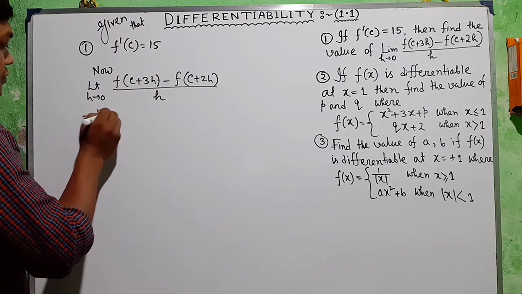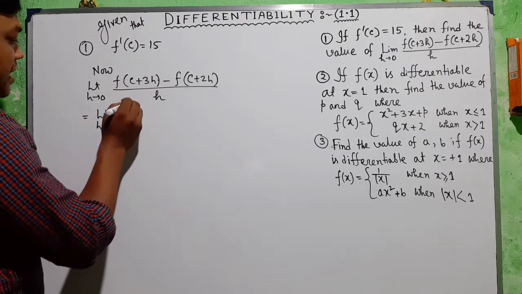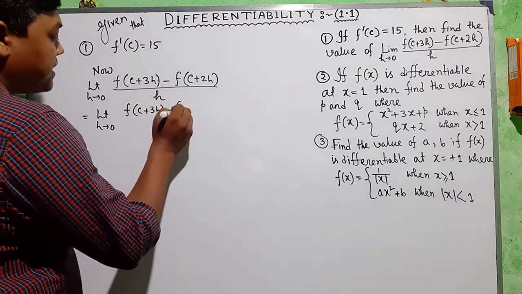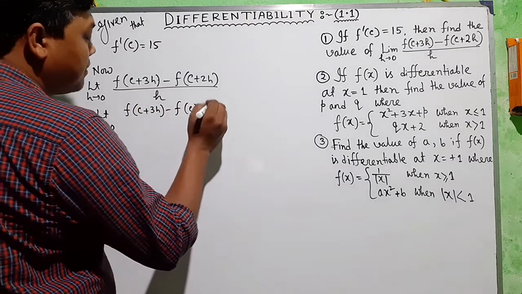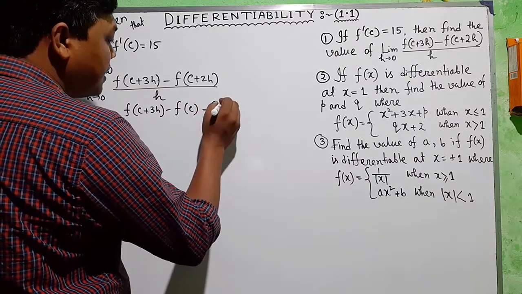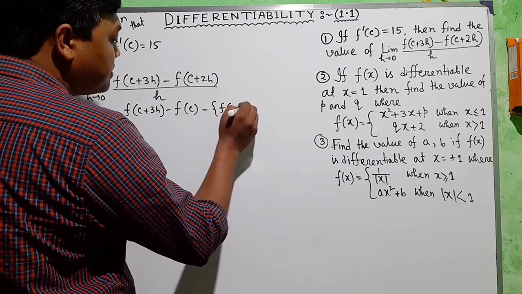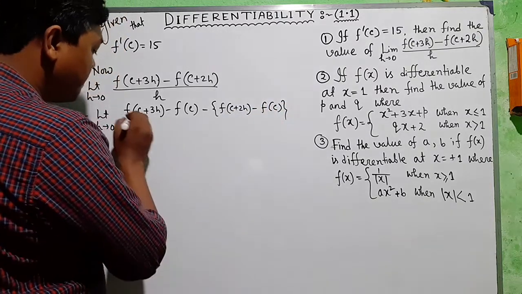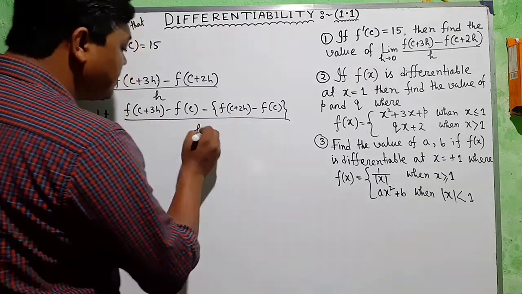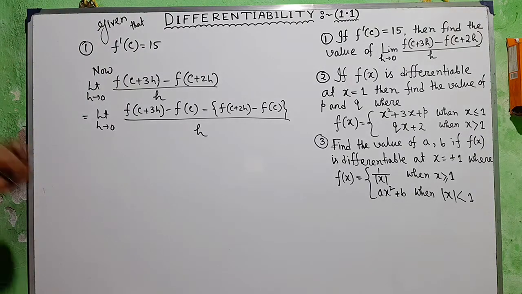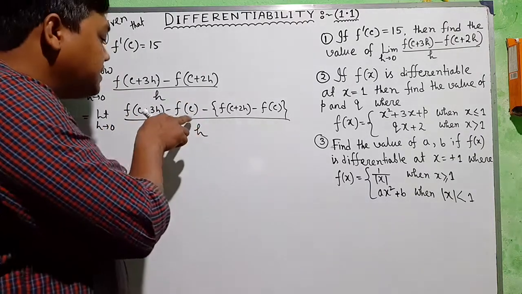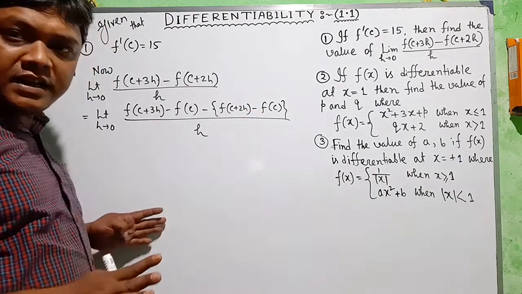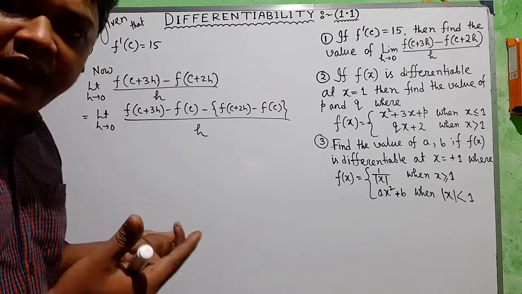So limit h tends to 0, I just adjust here: f of c plus 3h minus fc, minus f of c plus 2h minus fc, by h. I just insert minus fc and plus fc in this expression; both cancel, so the expression is intact.